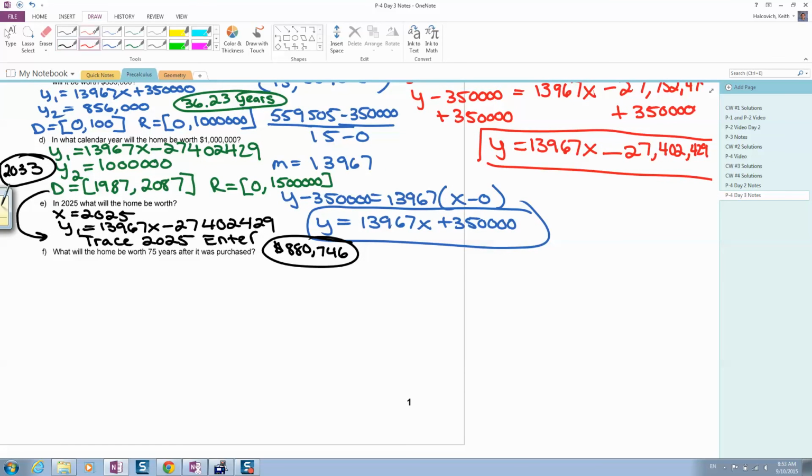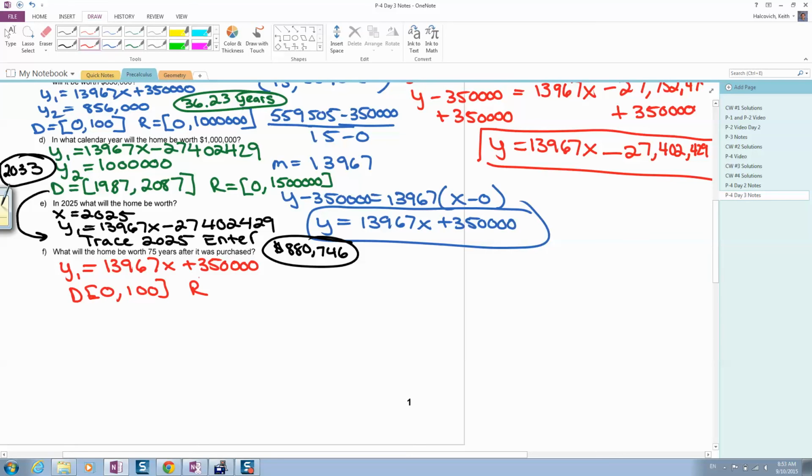For part F, it says, what will the home be worth 75 years after it was purchased? So after it was purchased means we have to use the original equation of 13,967x plus 350,000. Our domain, remember, was 0 to 100.